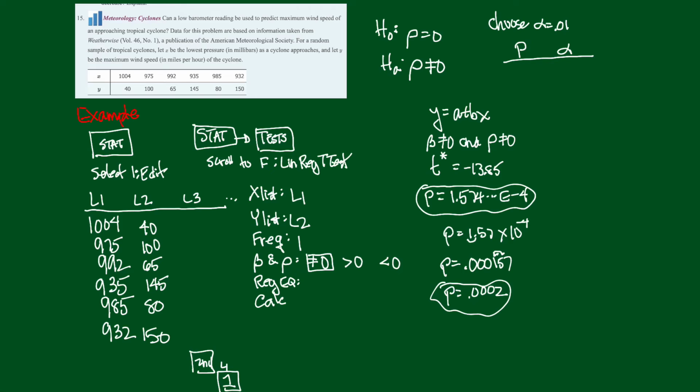Reject or not reject. So p is 0.0002. Alpha is 0.01. Now 0.0002 is less than 0.01. So I'm seeing a less than. And when I see less than, I'm thinking small, but we're dealing with small p's, small probabilities. So this is a small probability.